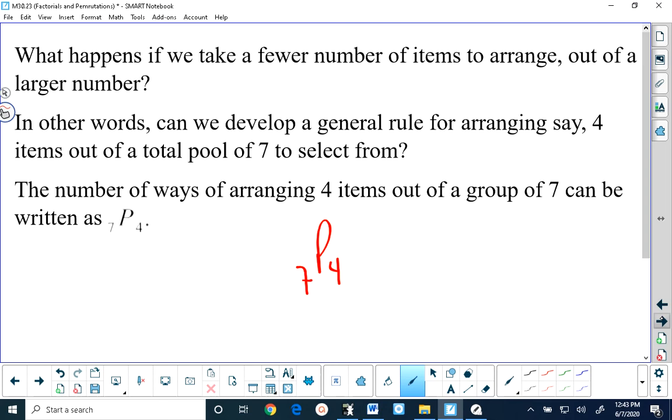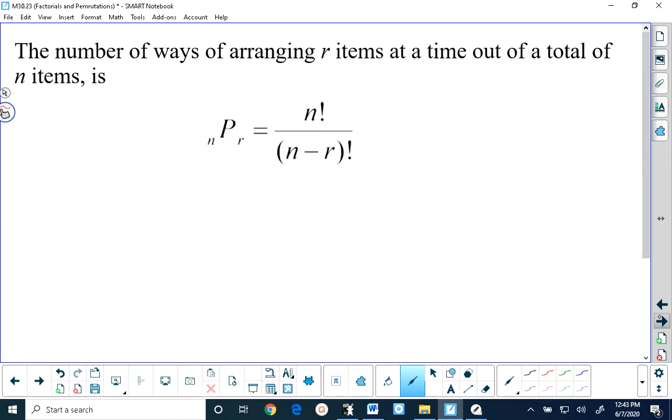So we are arranging 4 items taken out of a group of 7. Well, it turns out that there's a formula. If you have n items and you want to arrange them in groups of r at a time, you can do so by using n factorial over n minus r factorial. And the next example will illustrate why that formula works.